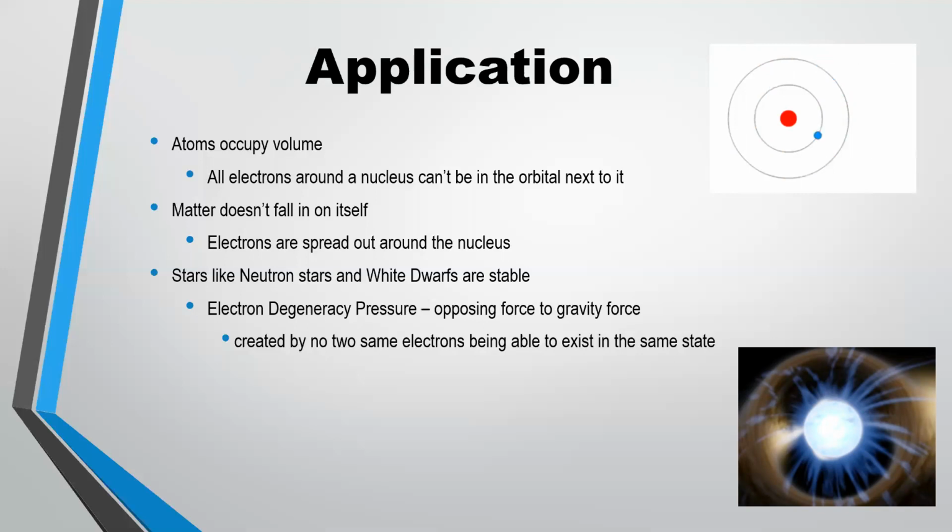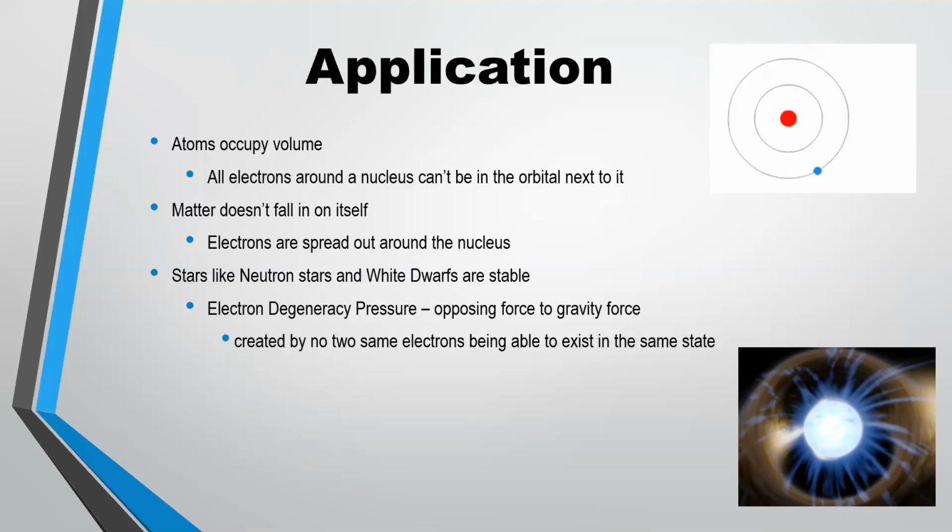Since electrons can only have one set of quantum numbers, they're not going to exist in the same space, so the electrons are going to have to expand outwards from the nucleus and get farther and farther away the more electrons there are around a nucleus. They all can't be around the nucleus. If they did, then the atom would take up significantly less space, and we would see matter falling into itself.